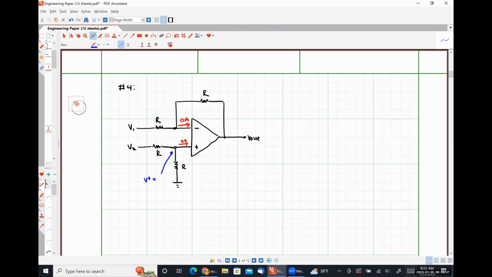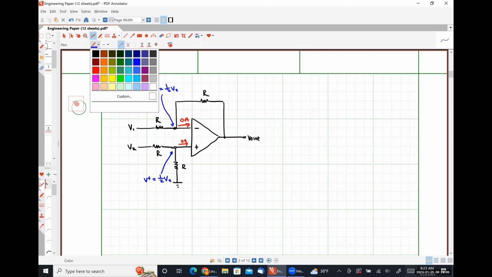And because our resistors are the same, the voltage just gets divided in half. So V plus is just 1/2 V2. That only works if the resistors are equal. So we know that our voltage V minus must also be 1/2 V2.